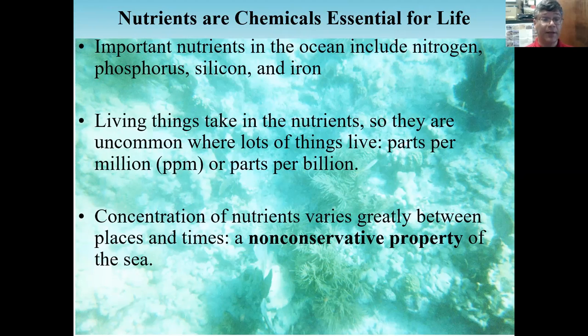Living things like these, stuff lives in the ocean. So because the living things are using this up, you tend to have relatively low levels of these. There are other chemical reasons as well for some of them. And also, this means that we see different amounts in different places. It's non-conservative. How much of these you find in different parts of the ocean, you'd have to go and measure in different places and find out.